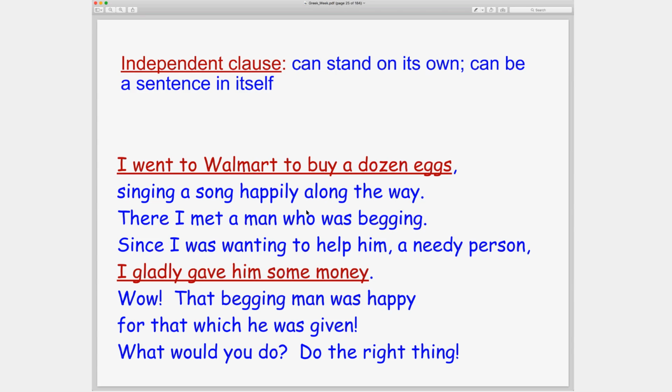I should probably have marked that as a dependent clause. It's a participial phrase. And then I gladly gave him some money. It could stand on its own, taking out the since dependent clause.